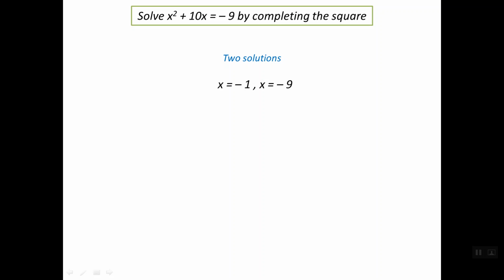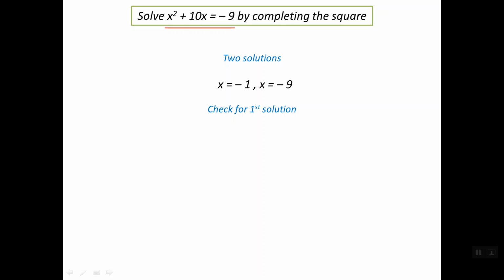Now we can check our two solutions by substituting x into the original quadratic equation. Let's check the first solution, which is x equal to minus 1. The original equation is x squared plus 10x equals minus 9.